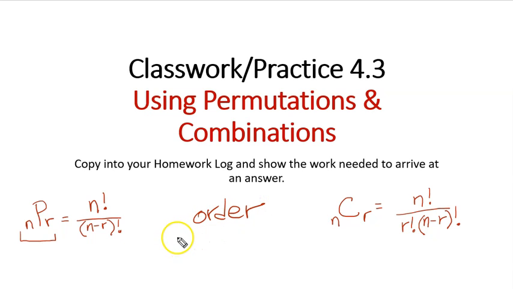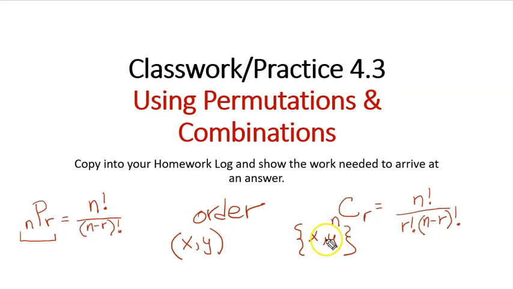Now, remember, we said that in the ordered pair, x comma y, order is important. We said that in sets, x comma y, order is not important. So here, if you reverse the order, that's a different item.